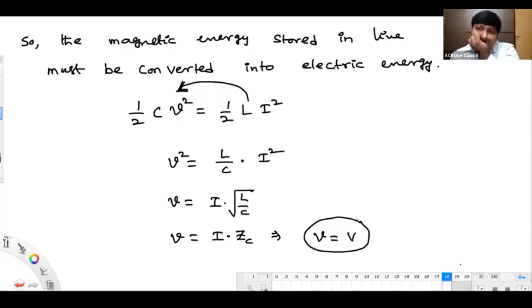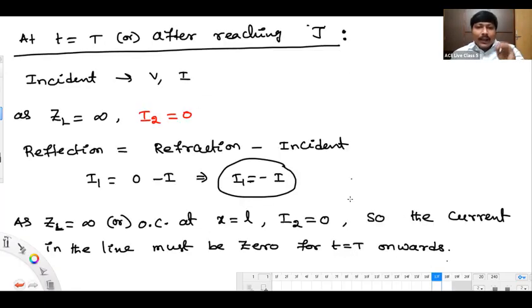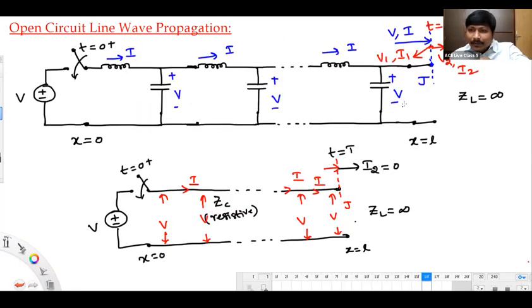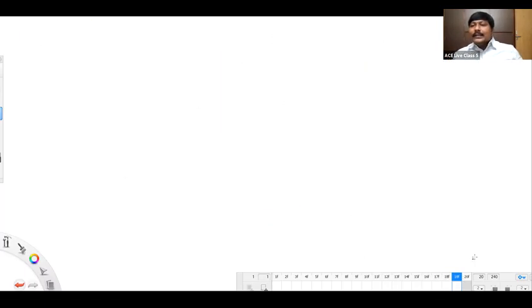What is the already existing voltage? Capital V, right? Already existing voltage is capital V, and this new voltage small v, adding together makes that voltage small v plus capital V. That will be 2 times capital V. So you can say the voltage will be doubled.